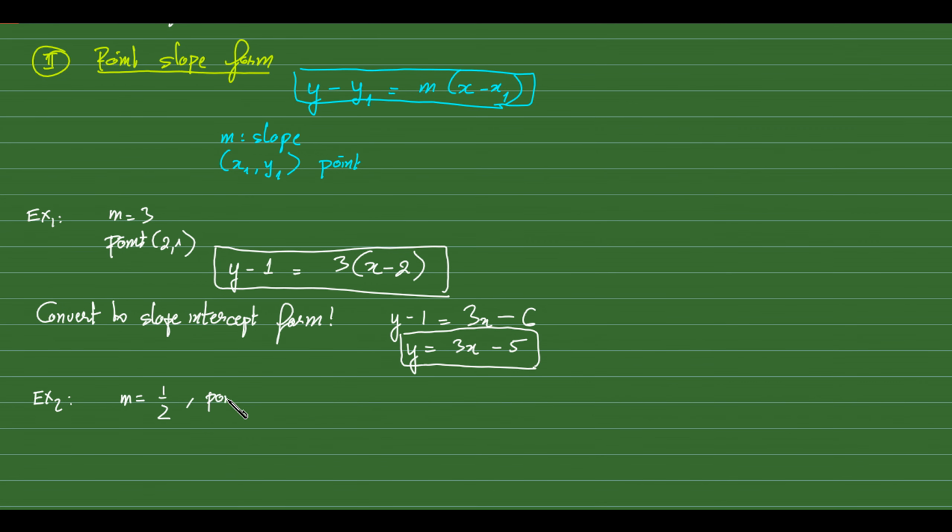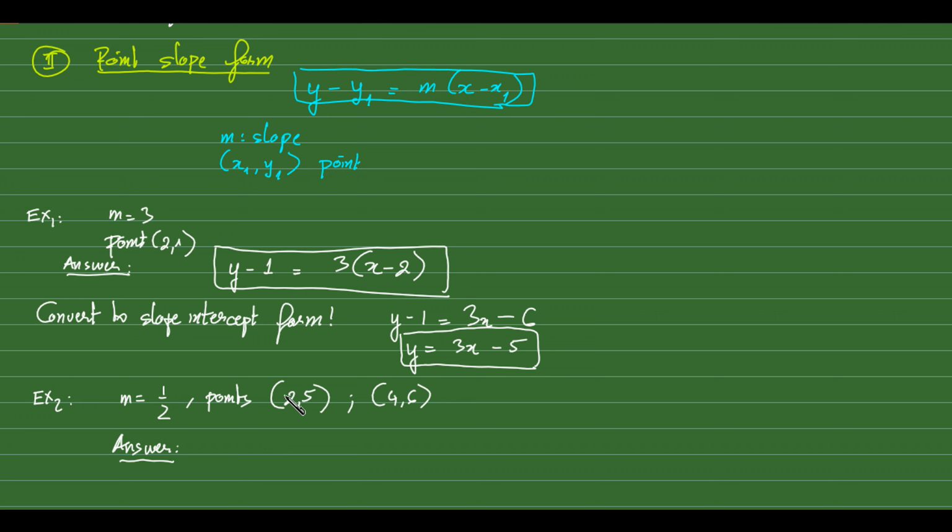They give you 2 points: (2, 5) and (4, 6). You can use either of these to find point-slope form. I think I'm going to use this one. Both of them should work.